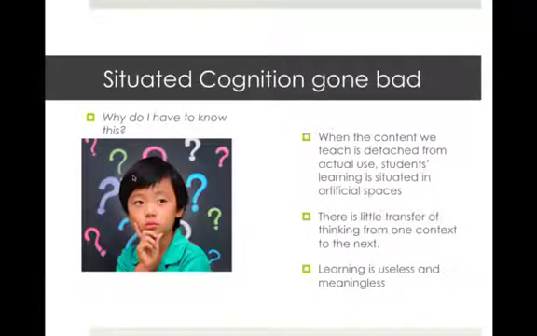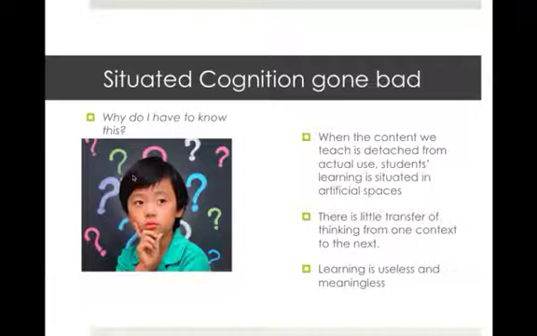So in a sense, the student is thinking, why do I need to know this? The student is asking you, how should I situate my thinking about this? So when they're asking that question, they are asking you to give them that information. When the content we teach is detached from actual use, students' learning is situated in artificial spaces.